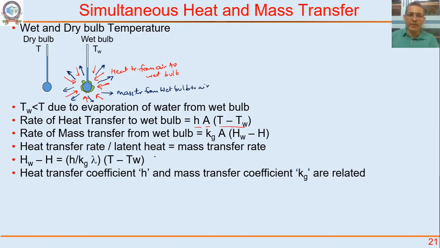And then that rate of mass transfer we wrote in terms of mass transfer coefficient into area multiplied by the humidity difference between the wet bulb temperature minus the humidity of the air. And then we equated them, because this much amount of heat being transferred divided by lambda, latent heat of vaporization of liquid water, will tell us the mass transfer rate. And then based on that we got this expression.